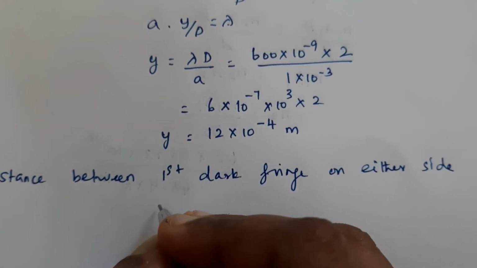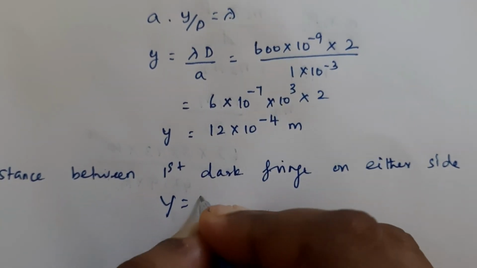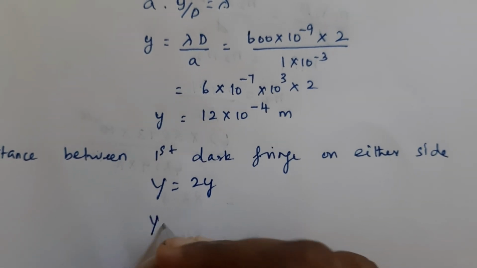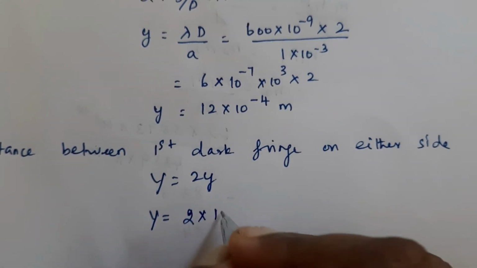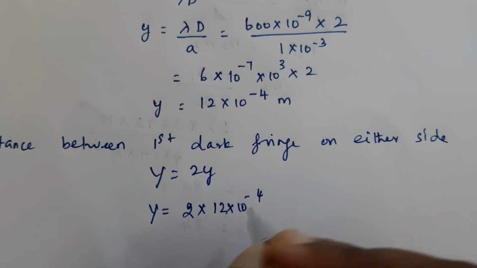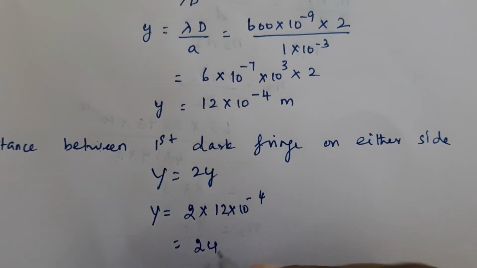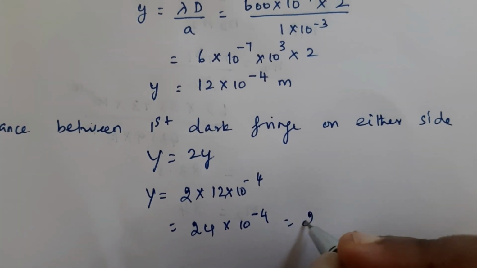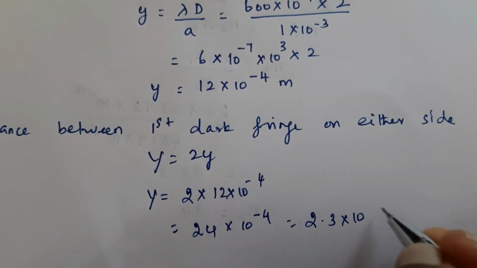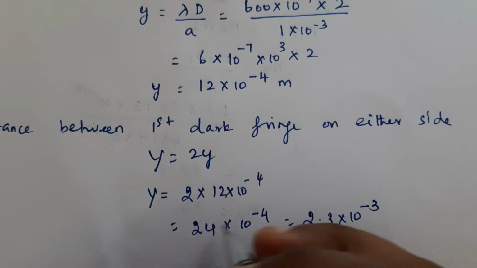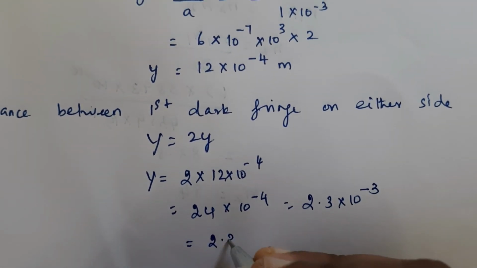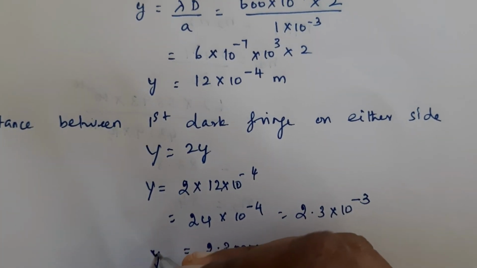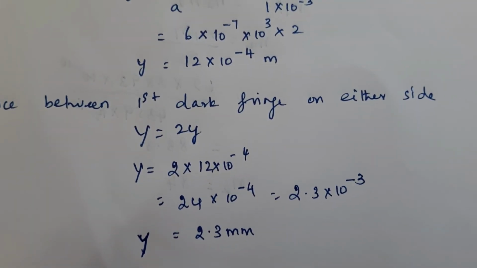So that is capital Y is equal to 2 times of what? Small y. So what will you get? Capital Y is equal to 2 into 12 into 10 raised to minus 4. So that is 24 into 10 raised to minus 4, which can be written as 2.4 into 10 raised to minus 3. So that is 2.4 millimeter. So capital Y value is 2.4 millimeter.